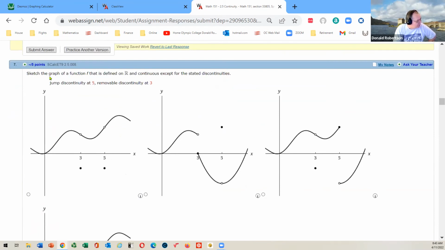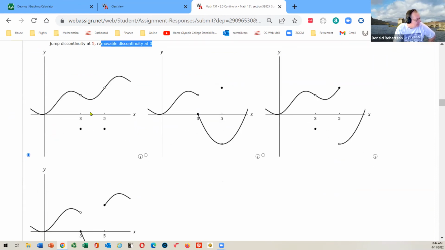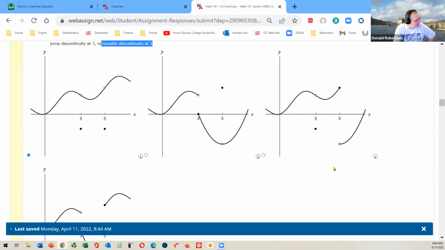In this second one, we have to sketch a graph that is continuous everywhere, except it has a jump discontinuity at 5 and a removable one at x equals 3. The pictures are 1, 2, 3, and the bottom one's 4.